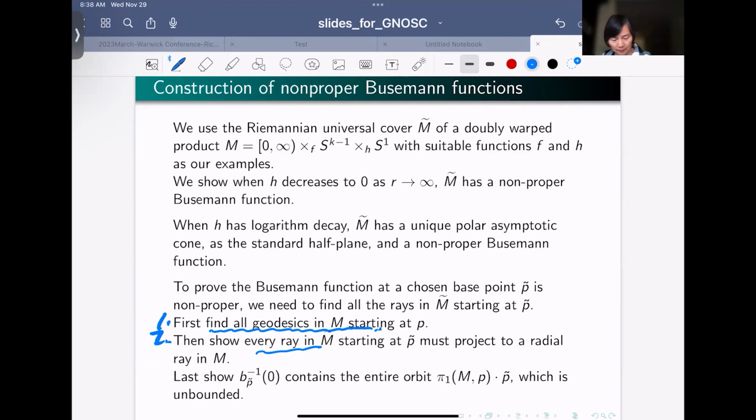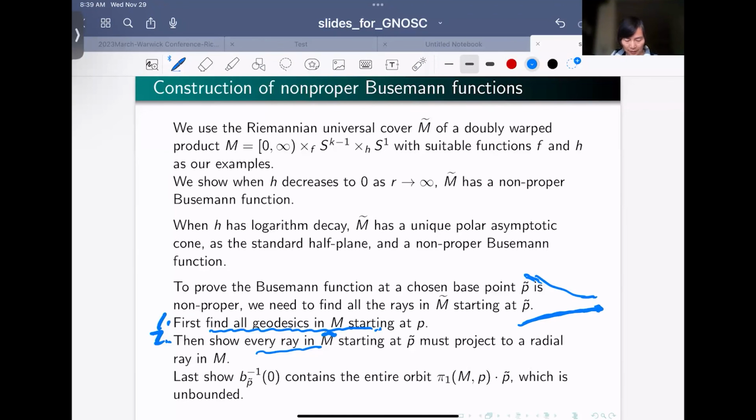Then from here, we can say that all the rays in the universal cover are always going to project to a radial ray, which is very simple in this case. Okay, so these may not be the rays. A surface looks like this, and you can really study all the geodesics from Clairaut's law and write them explicitly. Then we can show that only the radial one, in the projection, will be the real ray.